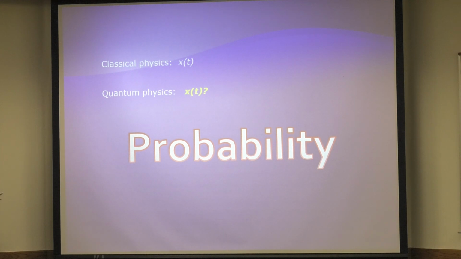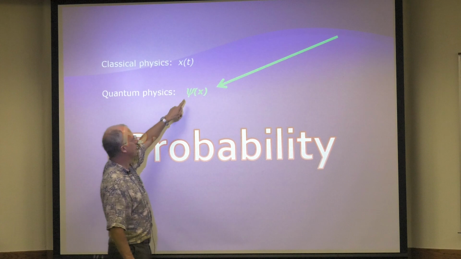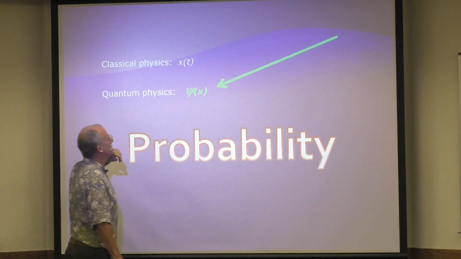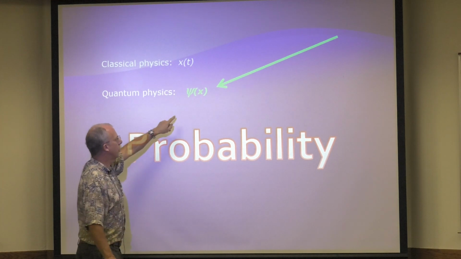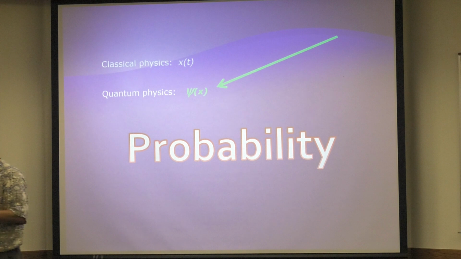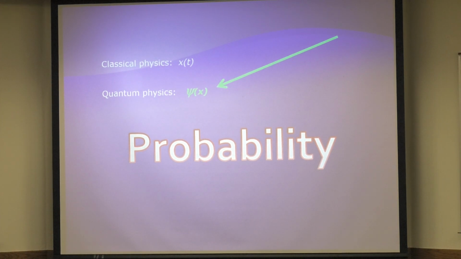So basically what we're going to see is that the wave function psi of x takes the place of x, the x as a function of t. This is the variable in quantum mechanics. So psi of x takes the place of x.